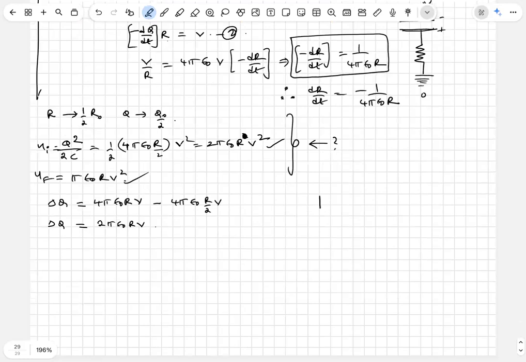No, clearly, as I mentioned, the drop across this resistor is always constant. So how much charge is transferred? Delta Q is transferred. So therefore, the entire work is converted to heat, delta Q times V, which is nothing but 2 pi epsilon naught R V square. Here R is the radius of the balloon initially.